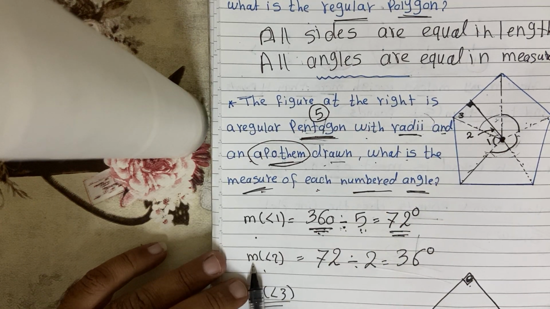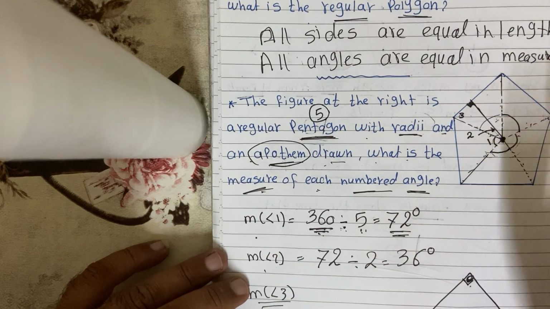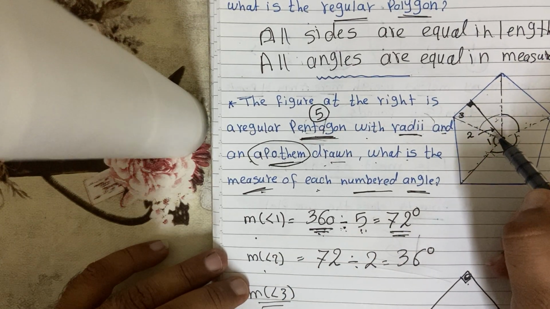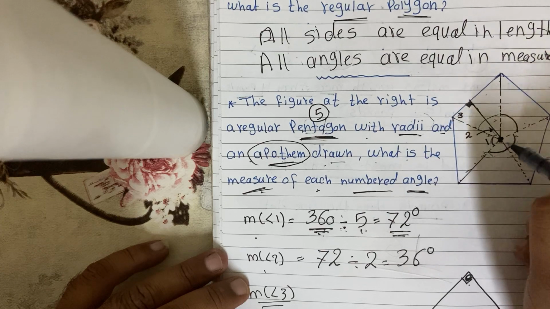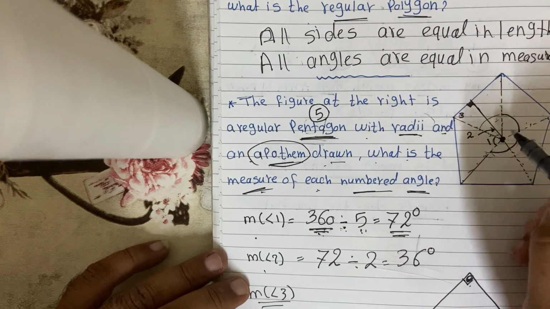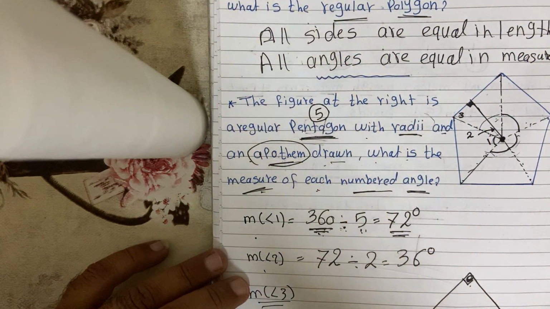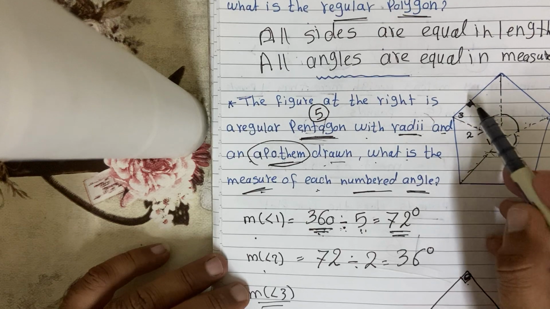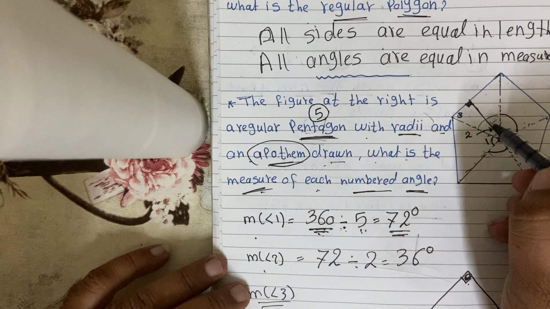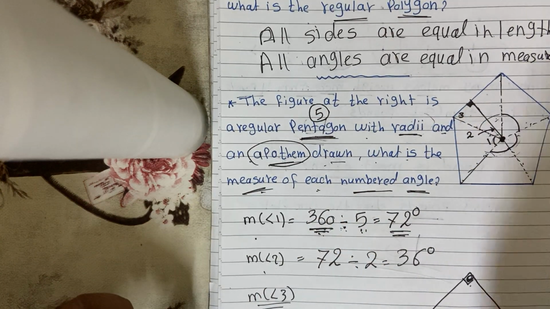Second, we are going to find the measure of angle 2. Angle 2 is the angle between the apothem and any radius. How can we find it? The apothem divides the angle into two angles equal in measure.